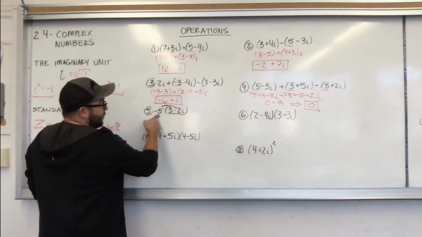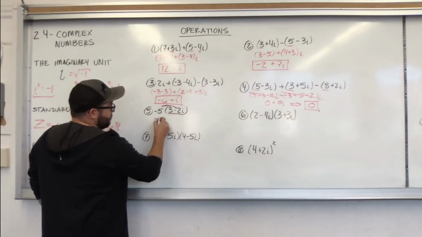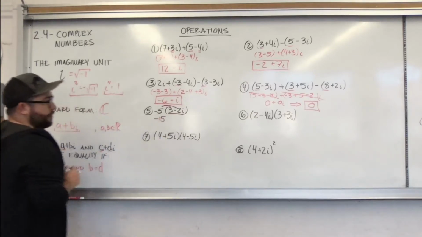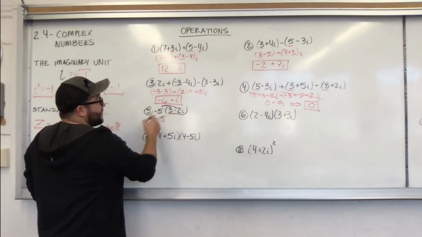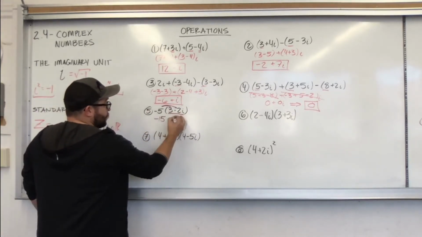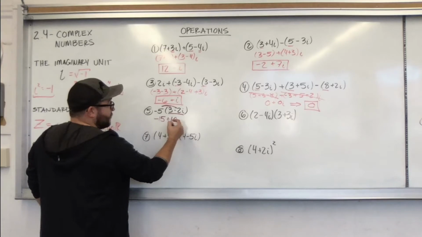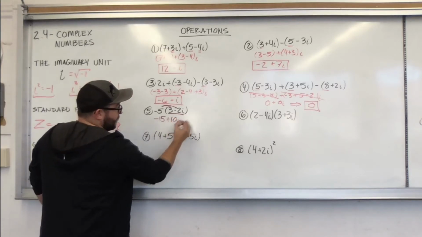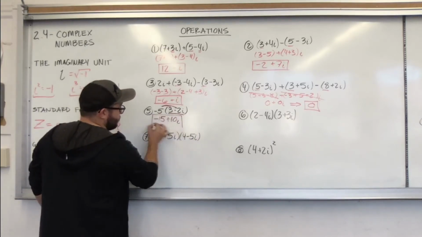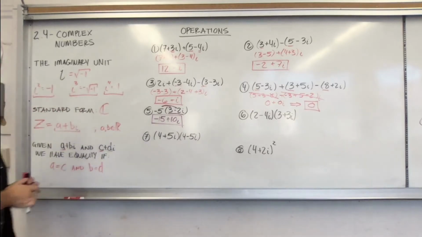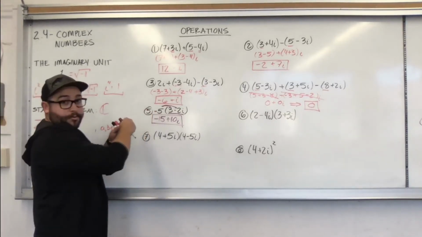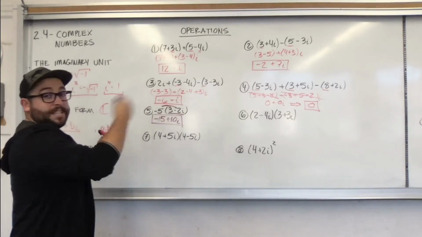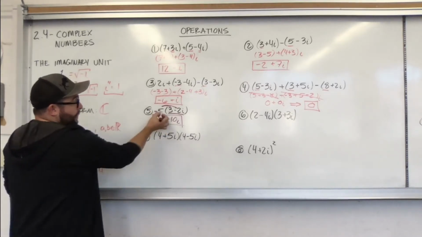So I have -5 times 3, that's -15. And then I have -5 times -2, so that's +10, but we need to remember to bring that i along with it. So if we do have a problem where it's just one constant out front of a complex number, you could think of it as scaling each of those by that factor.